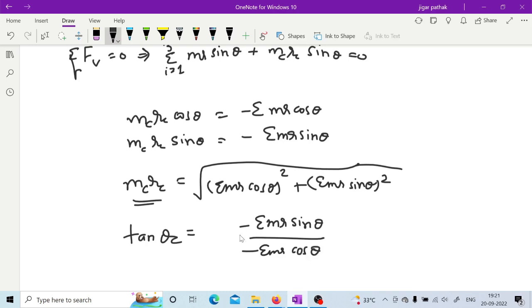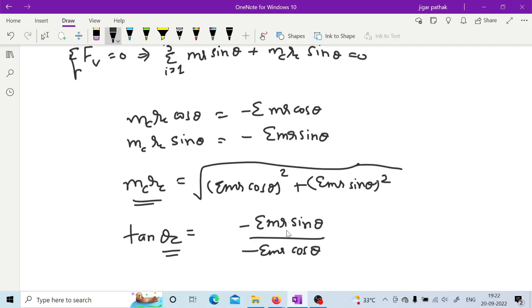Here, while taking this angle theta c, it is important to carry the sign of whatever you are getting. Whenever you take the summation of m r sin theta, if it comes positive, it should stay positive, and if it comes negative, it stays negative.